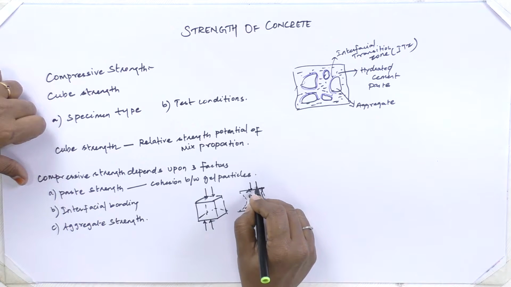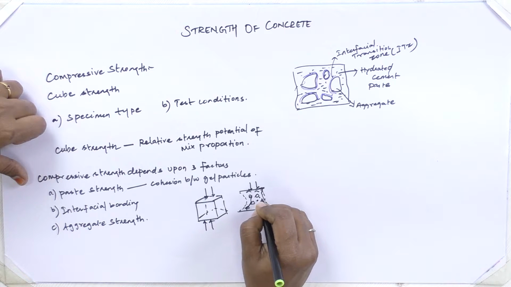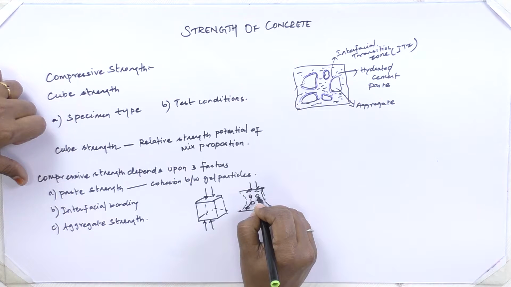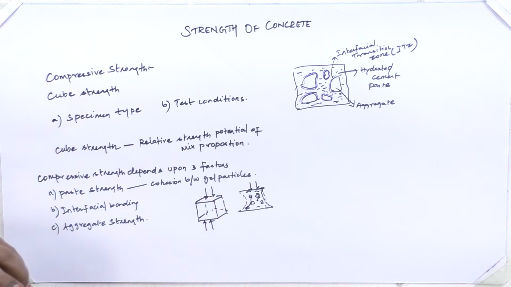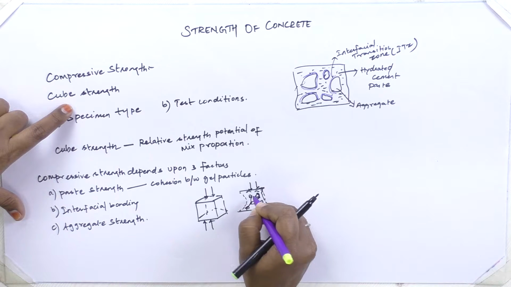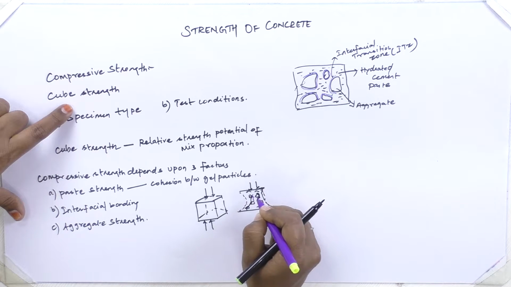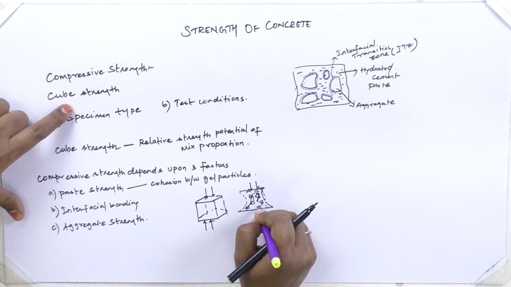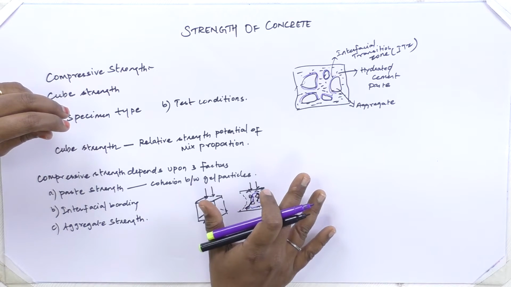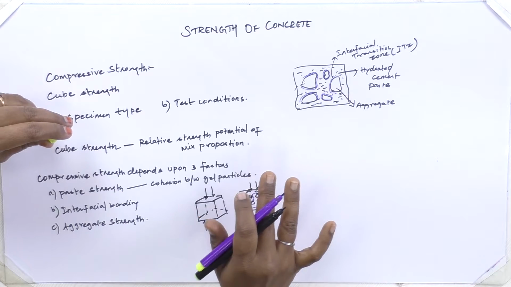So when a load is being applied, supposing I am having a minute pore here, then from there my first crack will initiate, then it will travel through the aggregate interface. Likewise, somewhere another pore might be there, and from there another crack will propagate, and finally they will form a network, and this is how a failure in a concrete takes place.